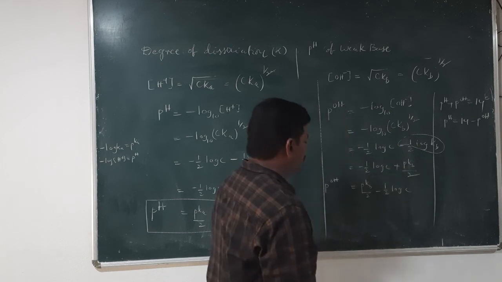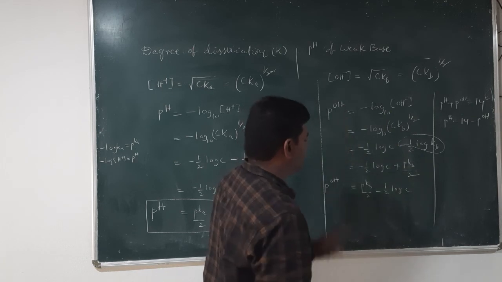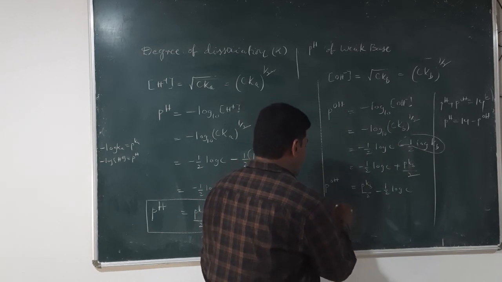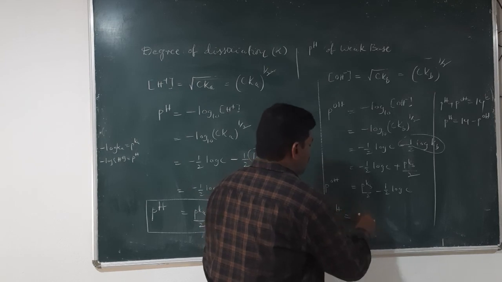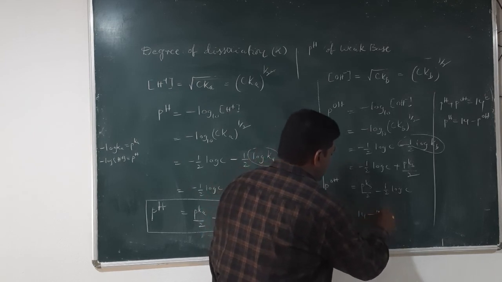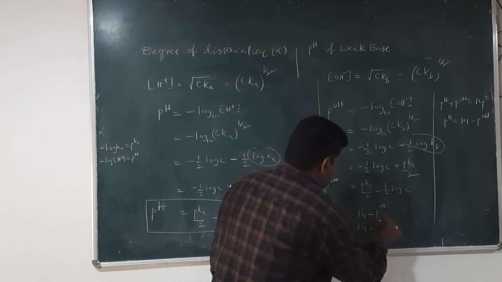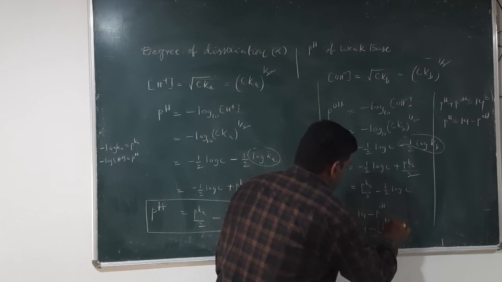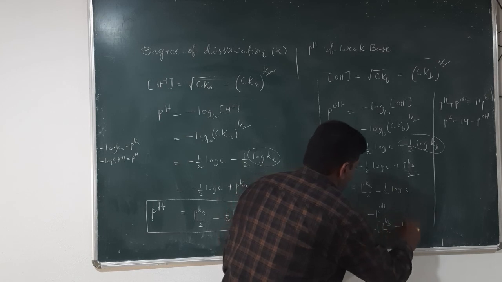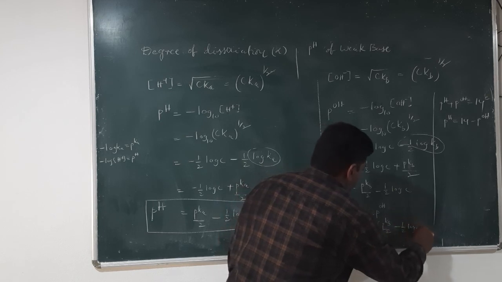So we know the value of pOH and we can get the value of pH. Therefore 14 minus pOH is 14 minus (pKb by 2 minus 1 by 2 log C).